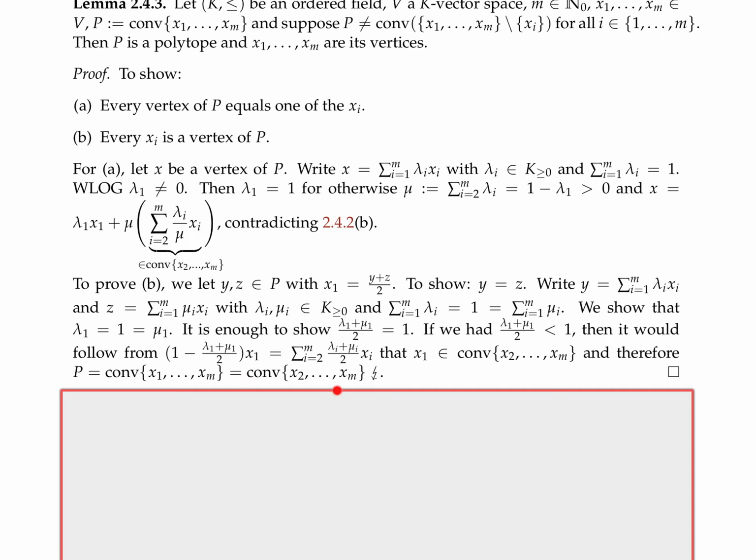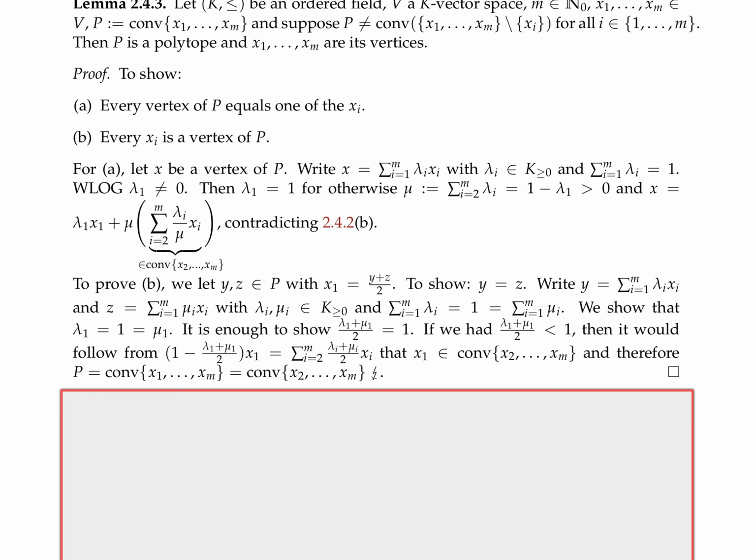But that's already a convex set containing every xi, because it also contains x1. So this would be also contained in this, and I would have equality here, but this was P. So P would be the convex hull of x2 to xm, a contradiction.